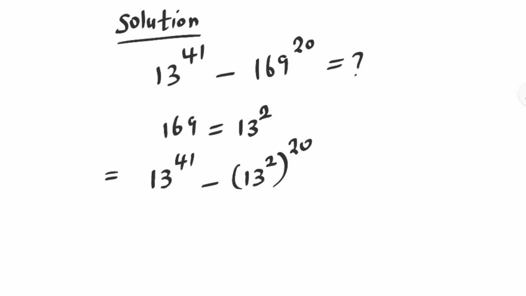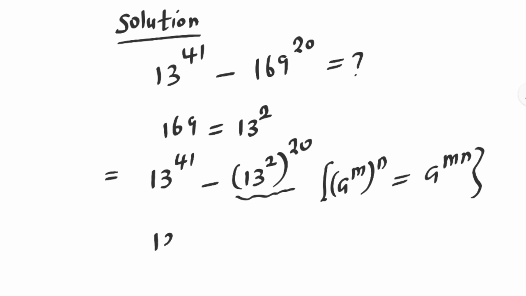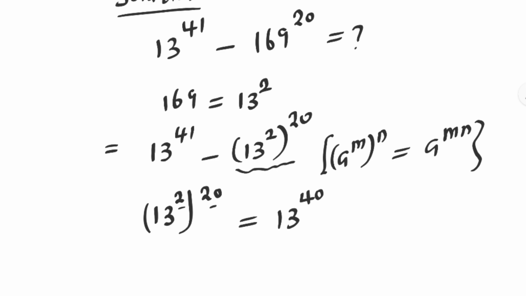Take note of this, that if you have a raised to power m to the power of n, this is equal to a raised to power mn. So 13 square raised to power 20 is equal to 13 raised to power 2 multiplied by 20, that is 40.